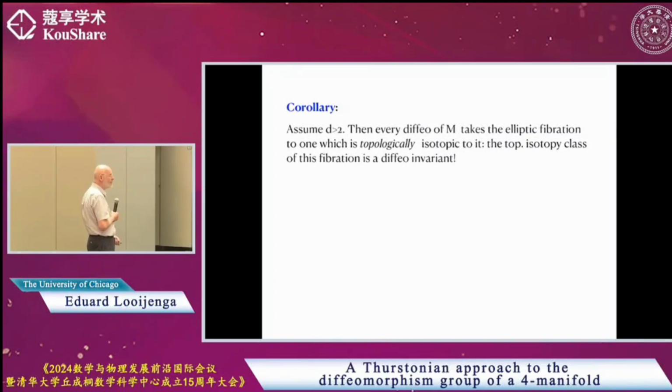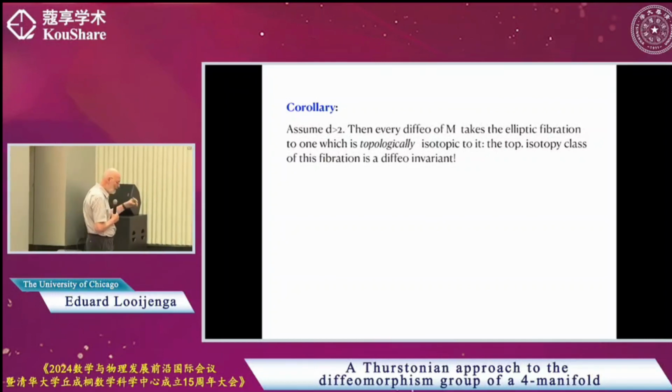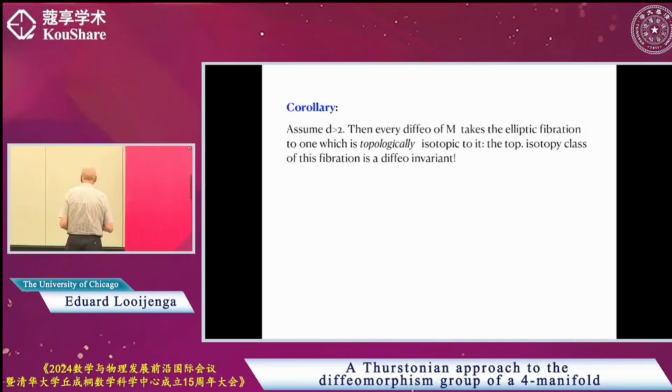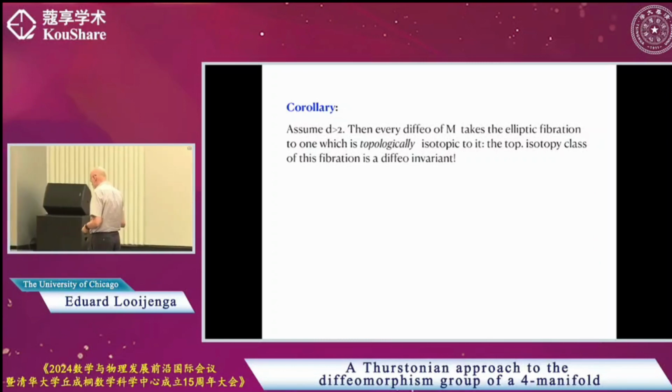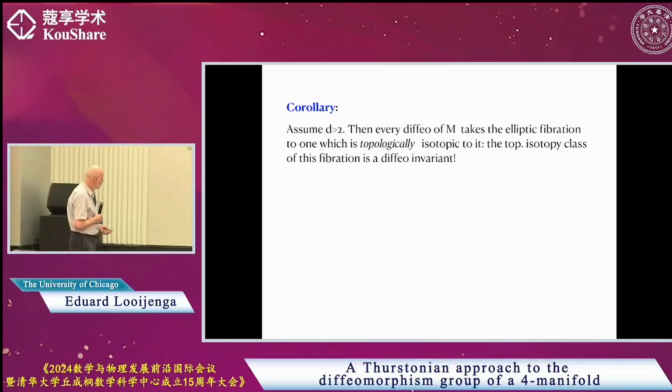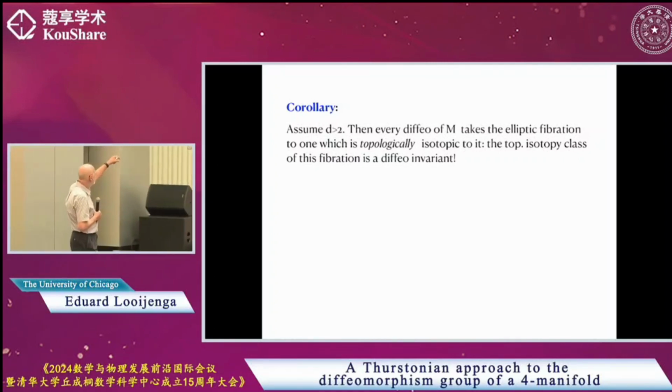So it implies, given the results that I mentioned earlier, that in fact this elliptic fibration that is algebraically given, or at least a priori, is in fact a diffeo invariant as well, in the sense that every diffeomorphism of the manifold takes the given elliptic fibration perhaps to another one, but that other one is always isotopic to the given one.